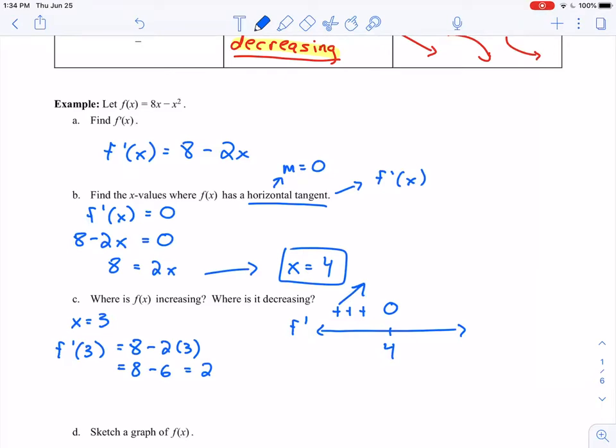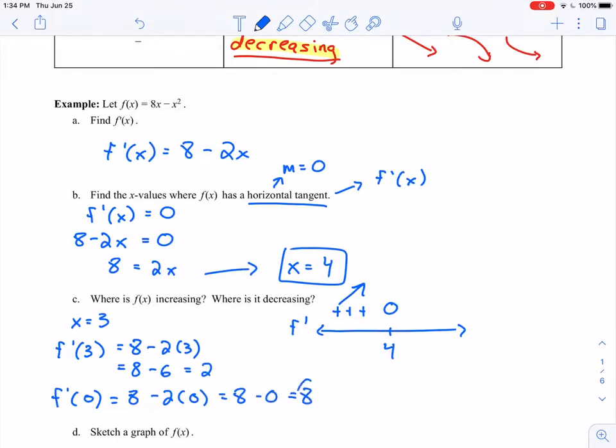Now, you might have said, well, what happens if I didn't choose 3? You said I could choose any number on the left-hand side of 4. What if I picked 0? Well, that's just fine. Let's see what would have happened. You'd have 8 minus 2 times 0. I've got 8 minus 0, which is 8.